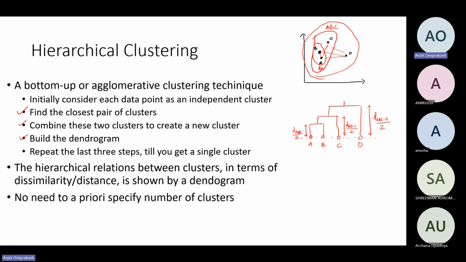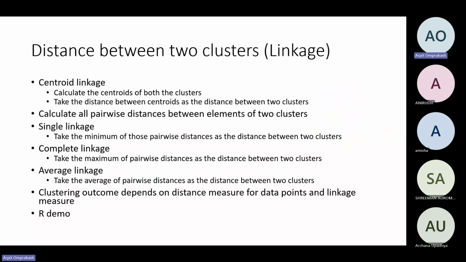So for example, here in the second step, when we had to check the distance between A, B, and C, we are checking the distance between this cluster AB, both the points AB, against C. So we need some way to measure that distance. This distance between two clusters is also called the linkage. And there are different measures of linkage.